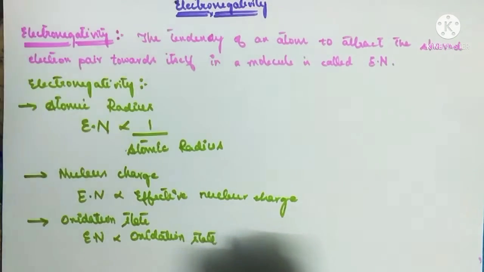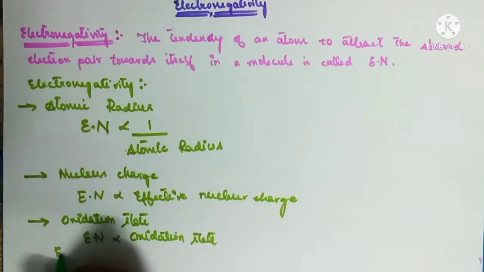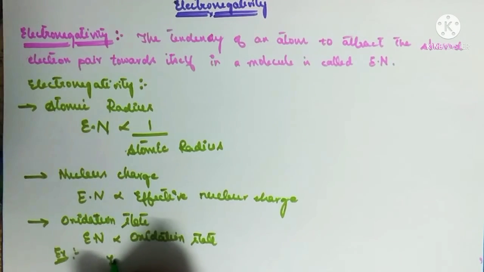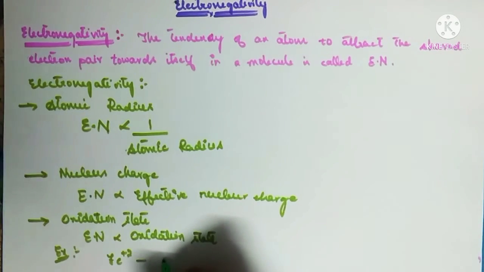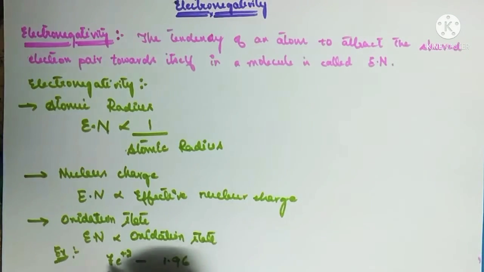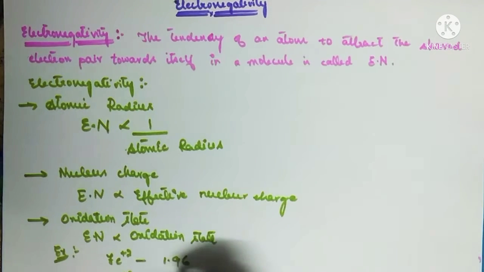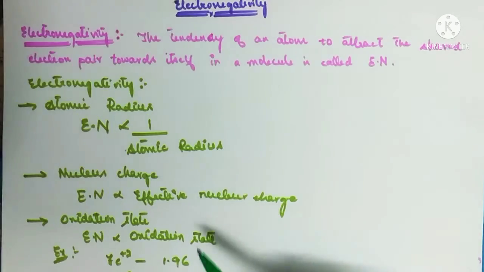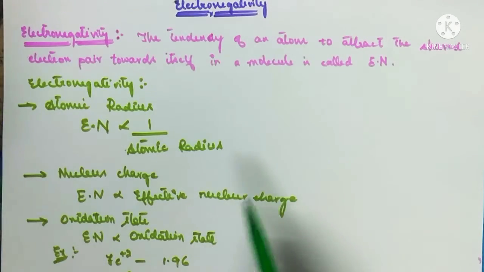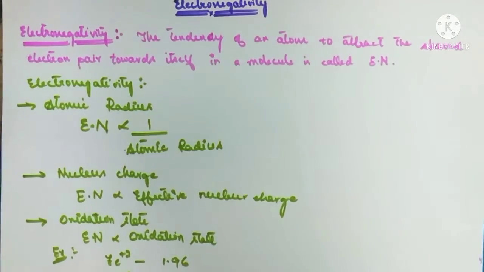Suppose we take one example: Fe2+ has electronegativity of 1.96, whereas Fe3+ has electronegativity of 1.83. If the oxidation number is higher, then the electronegativity is more.